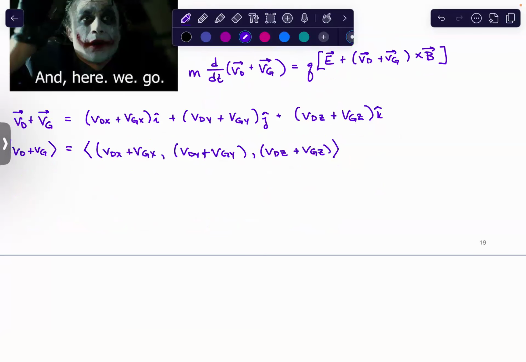Okay, now what we're going to do. Let's use the better notation. So that's Dirac bra-ket notation.